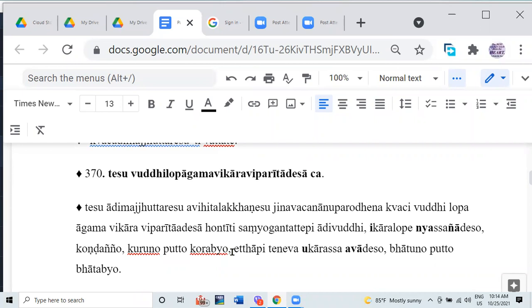So basically we say that for the Adi, Matcha, and Uttara, whose rules are not arranged. Not yet arranged. That's kind of strange. Okay, I see. The rules, not the characteristic.